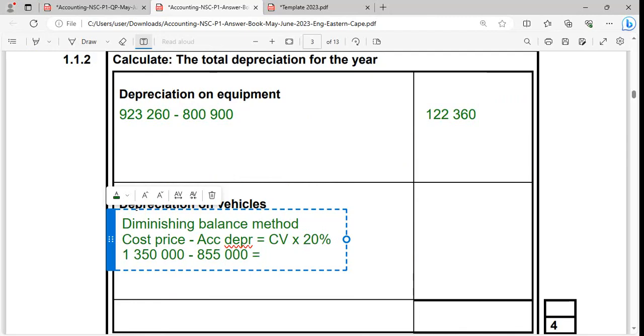We just find the difference between 1,350,000 and 855,000. So the carrying amount is 495,000 multiplied by 20%. So the depreciation is 99,000.